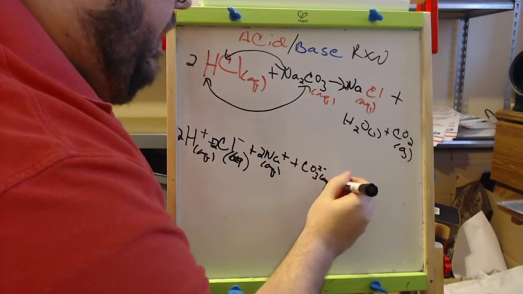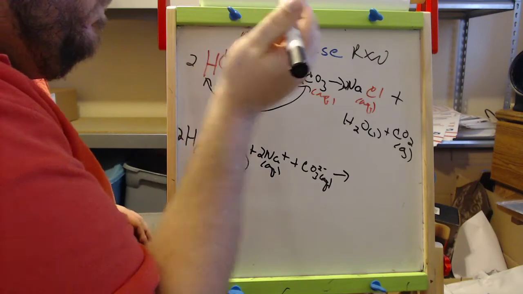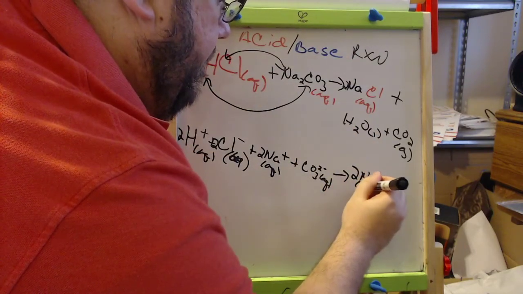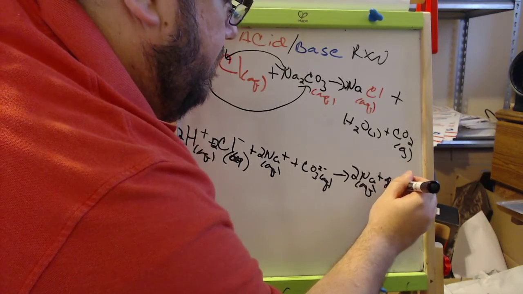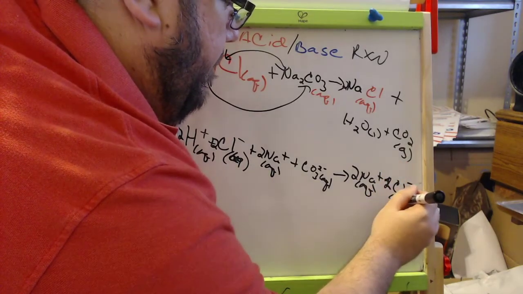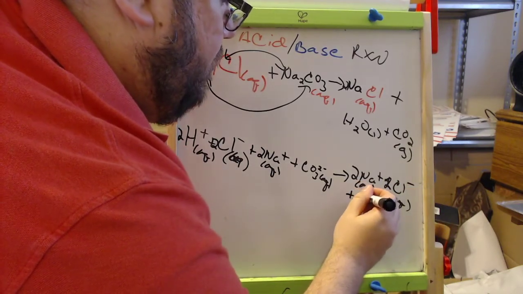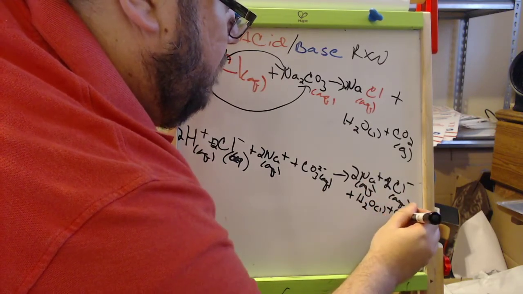Every time, carbonate with an acid, we're going to get out 2 Na pluses, 2 Cl minuses, an H2O liquid, and a CO2 gas.